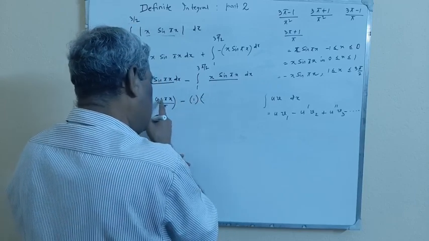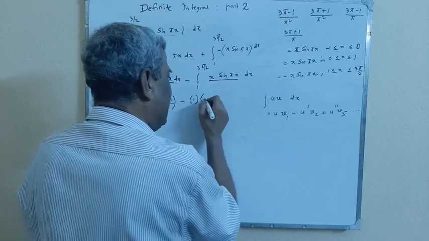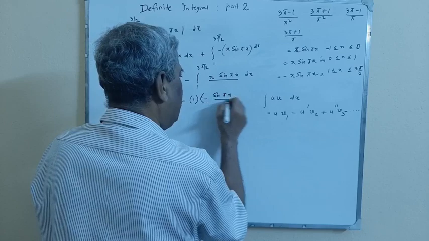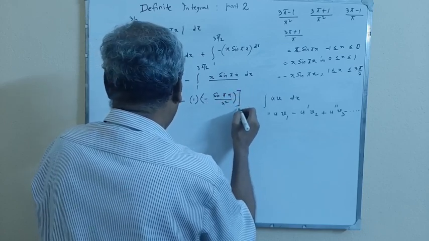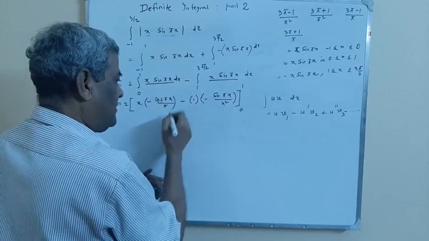Its integration, integration of cos is plus sine, and with that negative sign, sine pi x by pi square, from 0 to 1, plus minus.